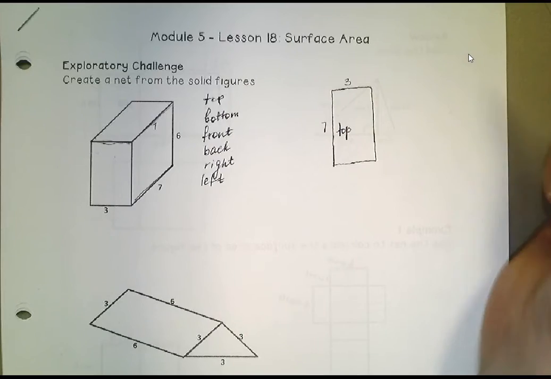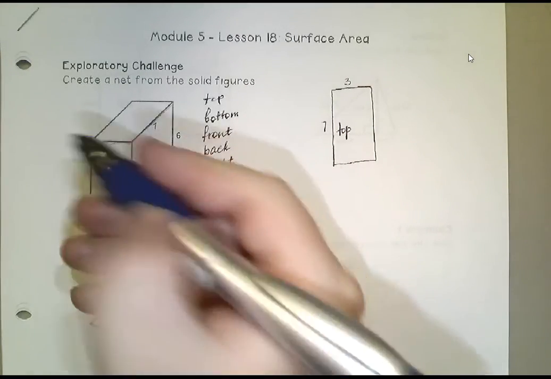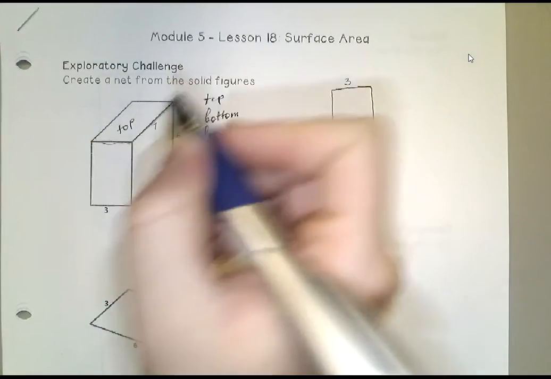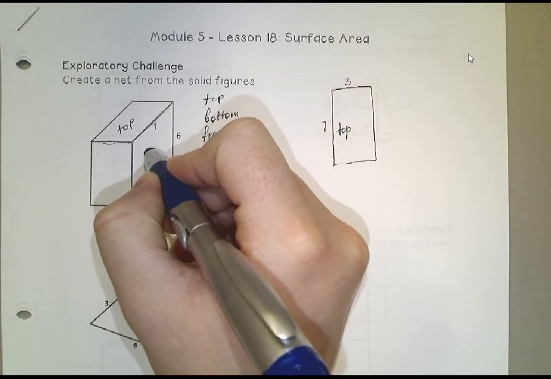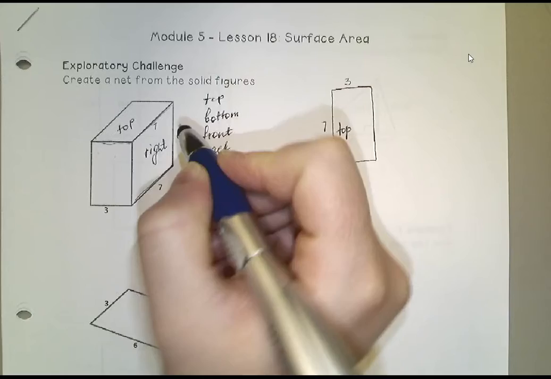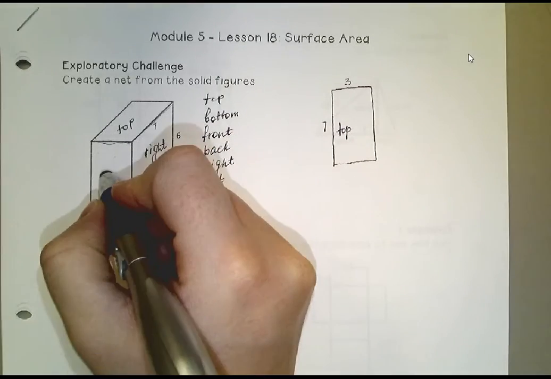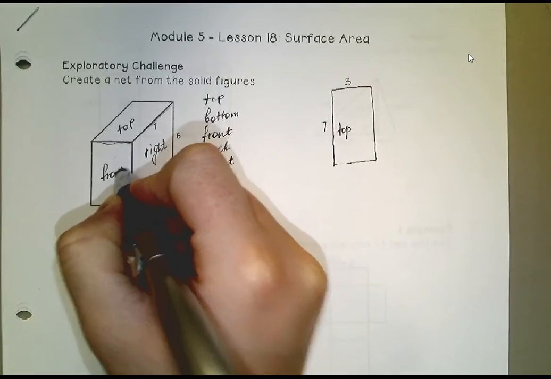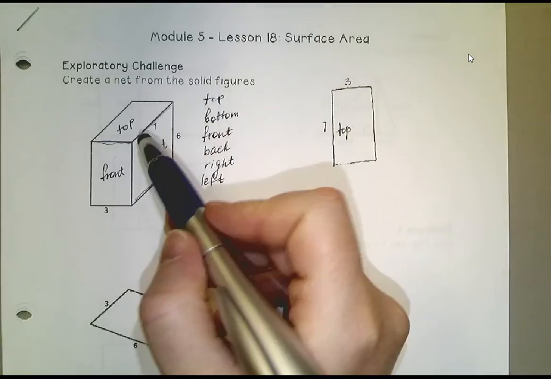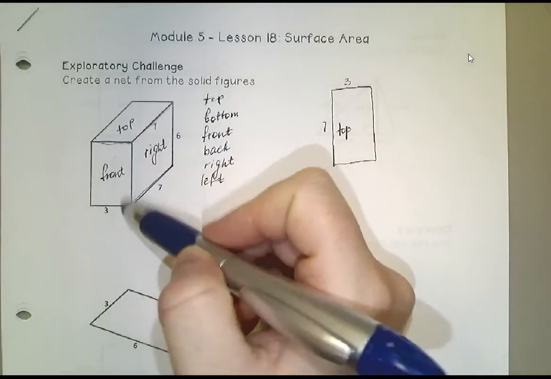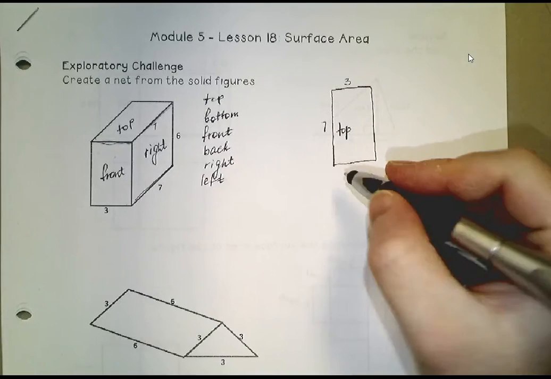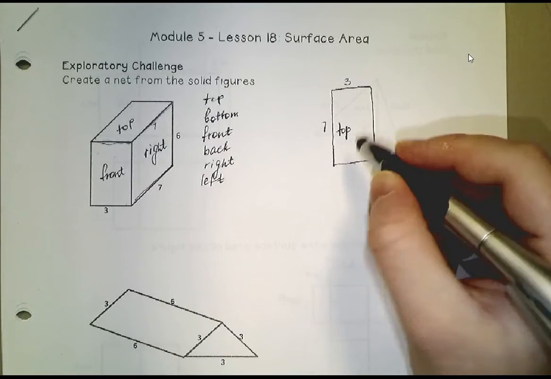To the top we have attached the right side and the left side and the front and the back. So I can draw the front right underneath the top because it's attached by this side right here.